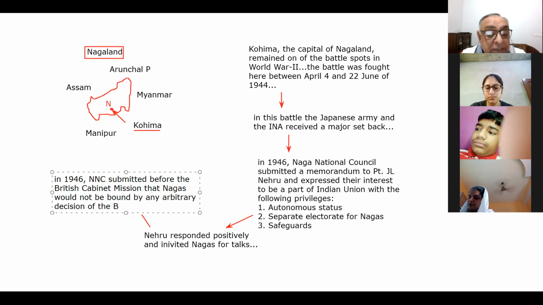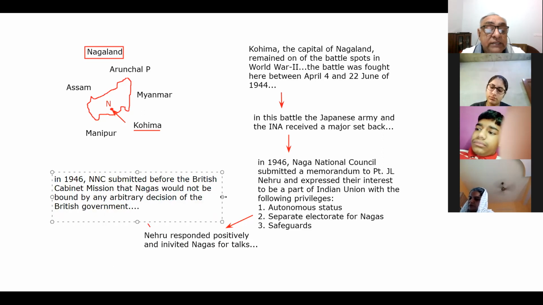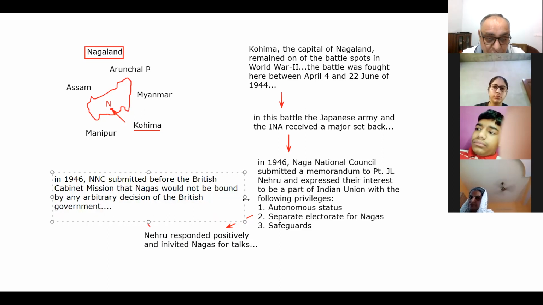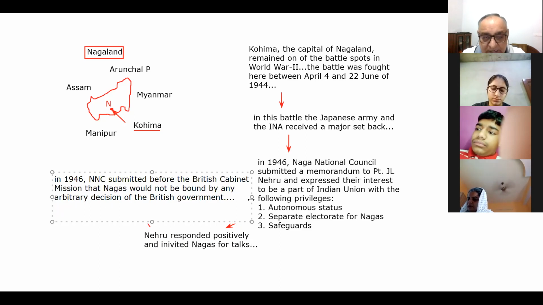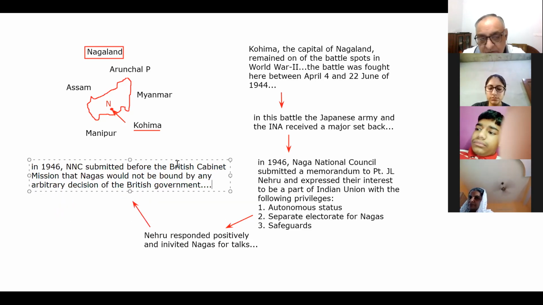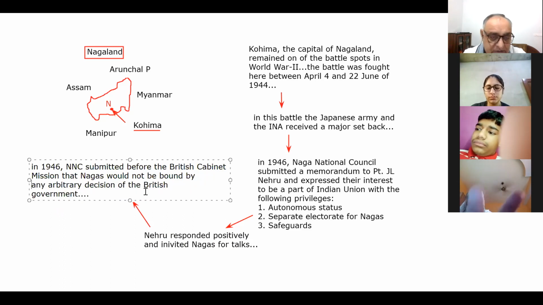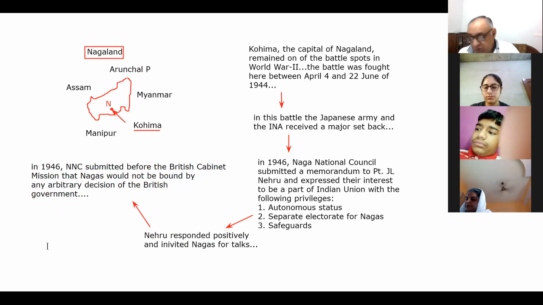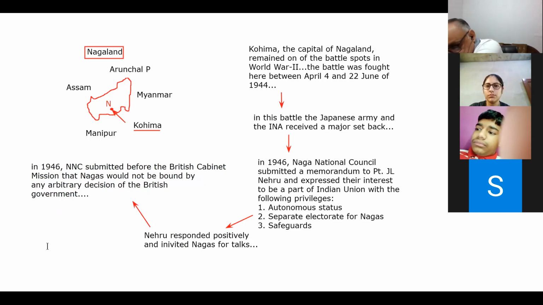They said the British government cannot decide our future on its own; we will decide our future ourselves. If the British government takes such a decision or declares something on its own, then Nagas would not be bound to abide by or accept that decision. So this was the statement of the Naga National Council leaders before the British Cabinet Mission at that time.